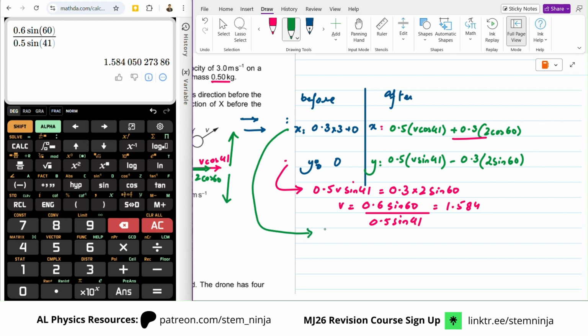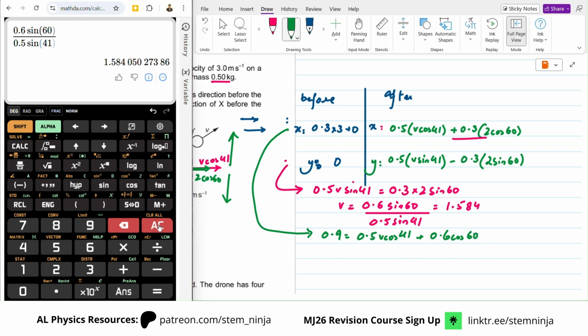So this one would be 0.9 equals 0.5 v cos 41 plus 0.6 cos 60.